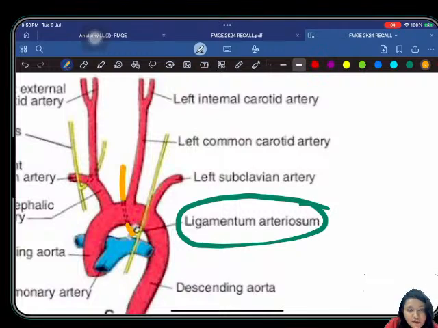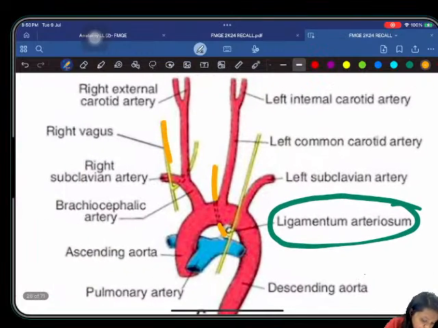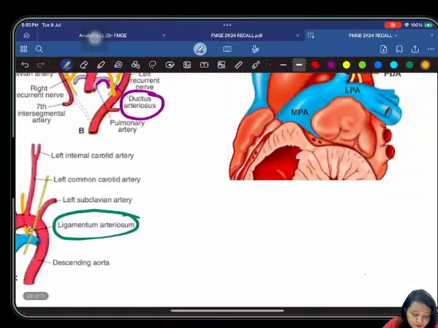On the right side, this is the right vagus, winding around the right subclavian artery. This is closely related to the ligamentum arteriosum and ductus arteriosus. You can see it in this image as well.